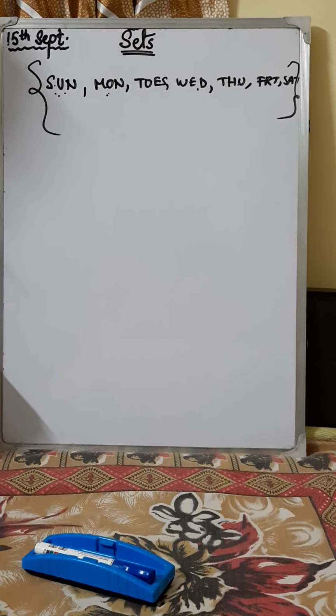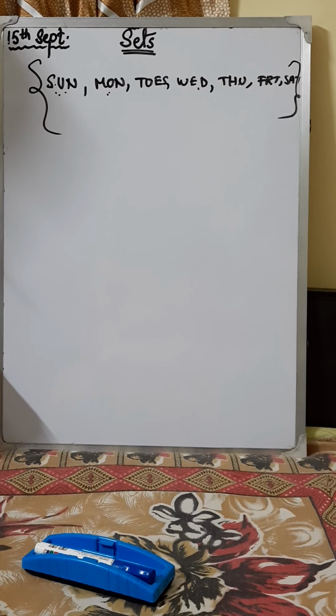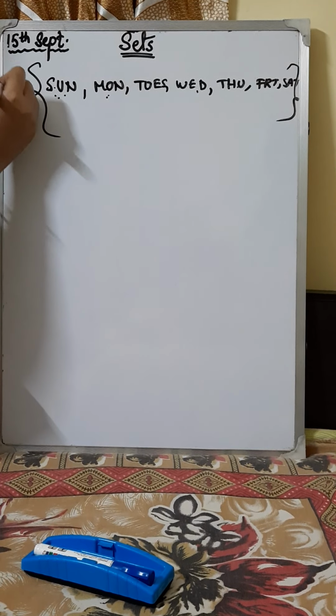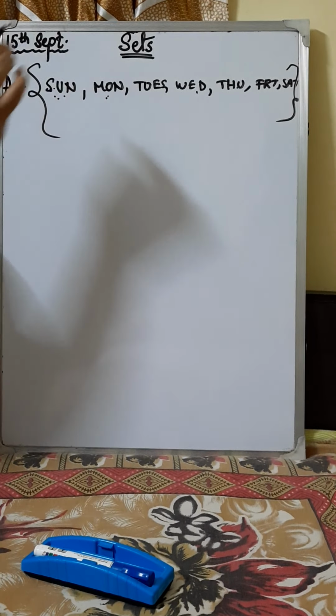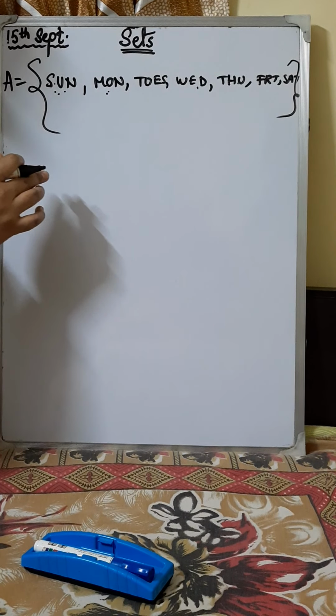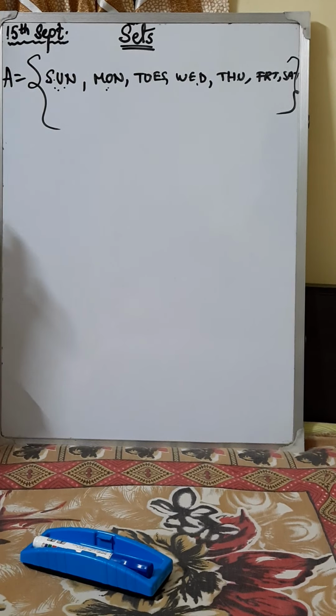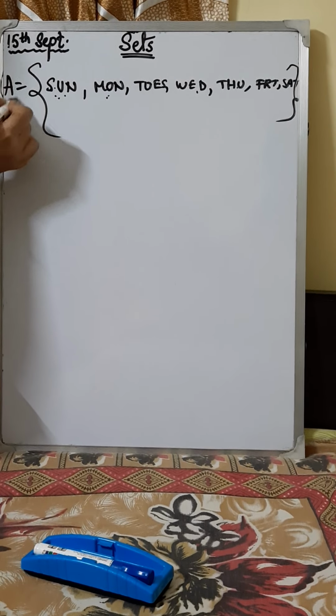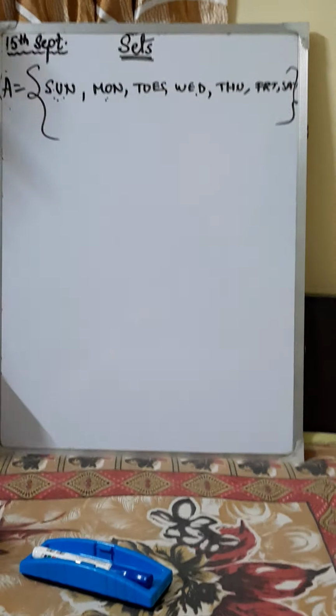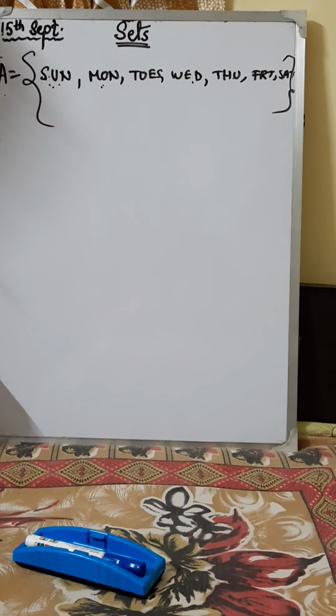Now we usually denote a set by capital letters. Suppose you have to write A equals this, or B equals this, or W for weekdays, D equals this. In this manner, a set is denoted by a capital letter.